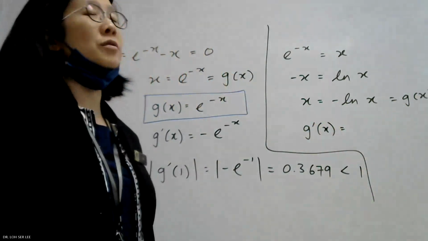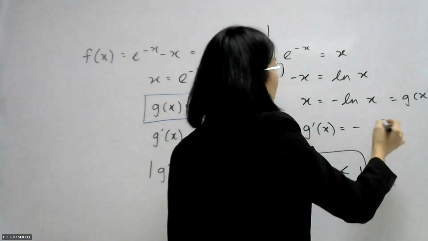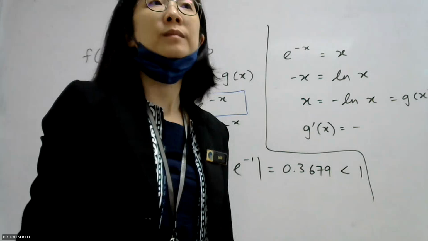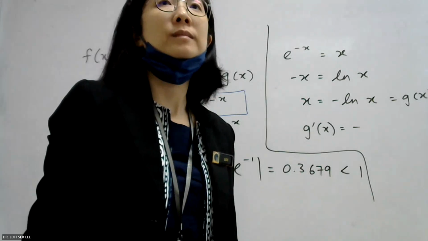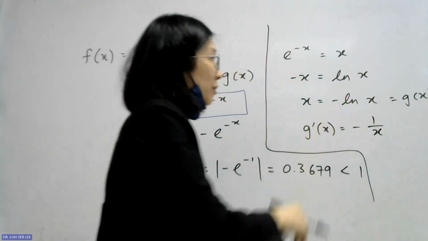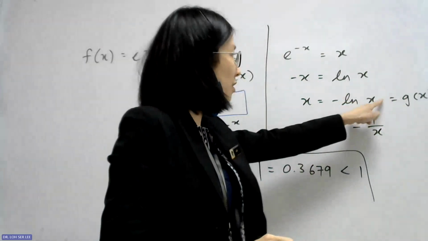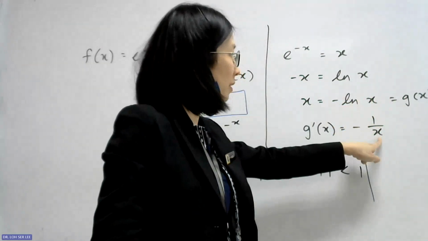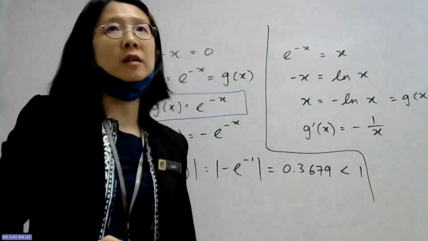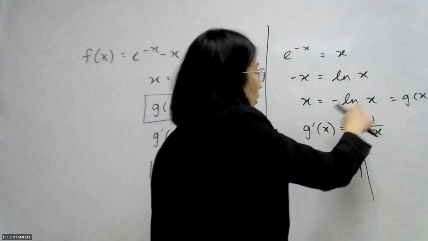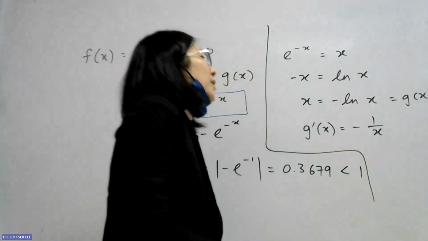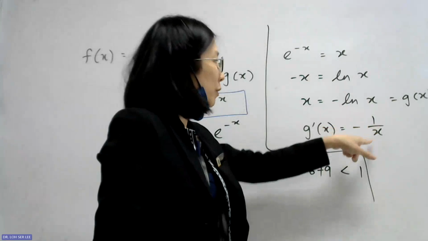So we check for the differentiation. When you differentiate ln x, you get 1 over x. Remember how to differentiate a log function? This is your f(x), you put it at the bottom, and then you differentiate this one and put it at the top. But log x, which we quite often see, when we differentiate we get 1 over x.